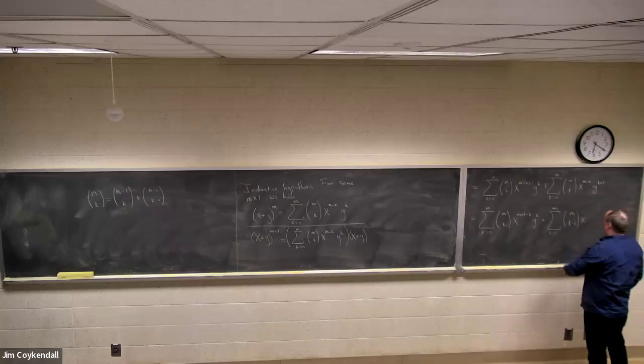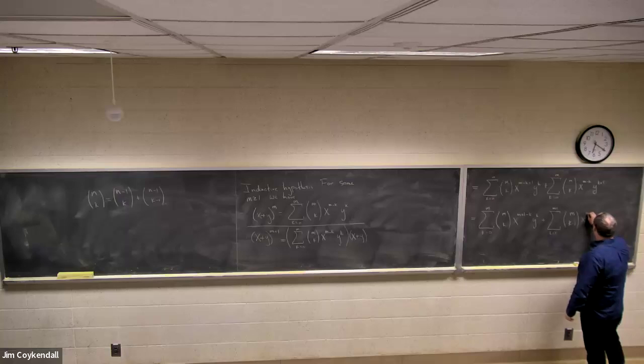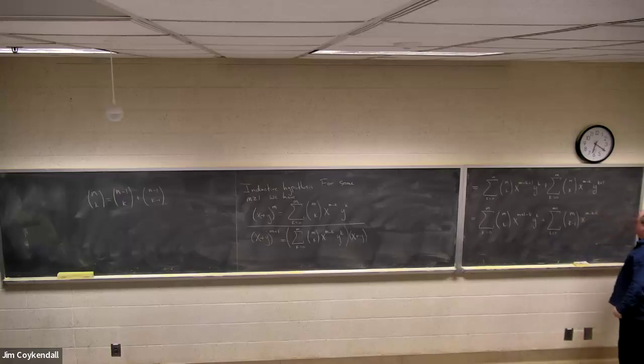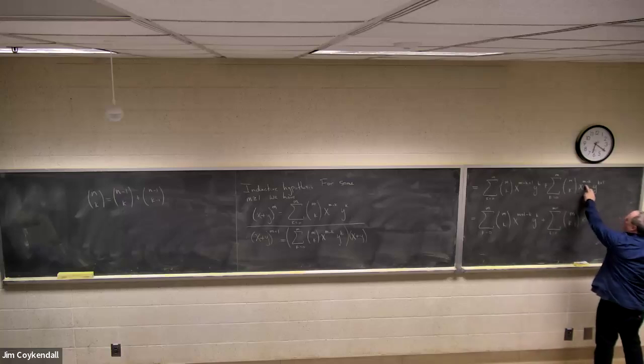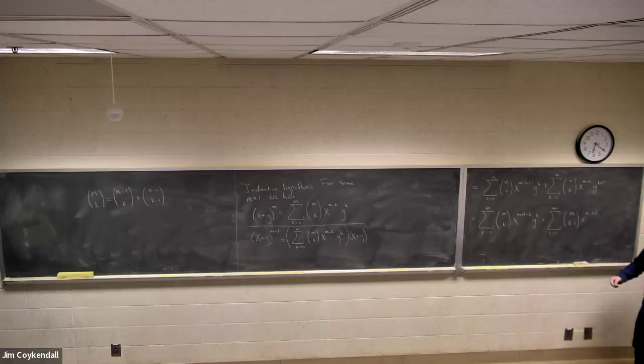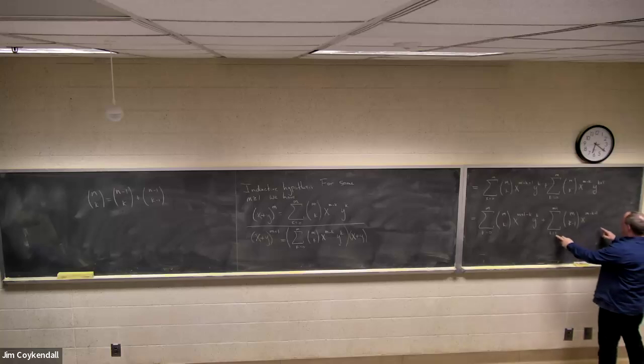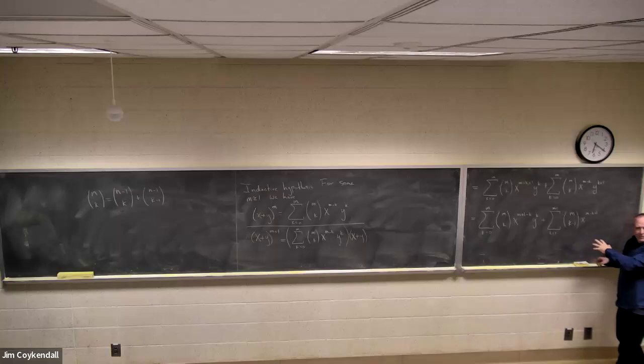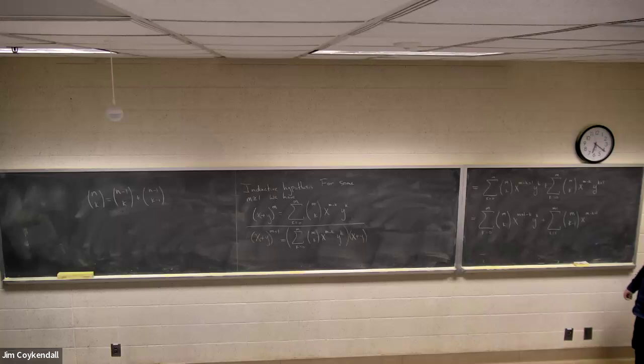Whatever we do, we've got to start with the power x to the m. Let's check this, right? My first power, x to the m, then x to the m minus one, x to the m minus two, and so forth. Is this doing what I want it to do? This will be x to the, let's say I'm subtracting k, m plus one minus one, x to the m, x to the m minus one. So that's how the adjustment should be made. Everybody agree with that? How about the power of y?